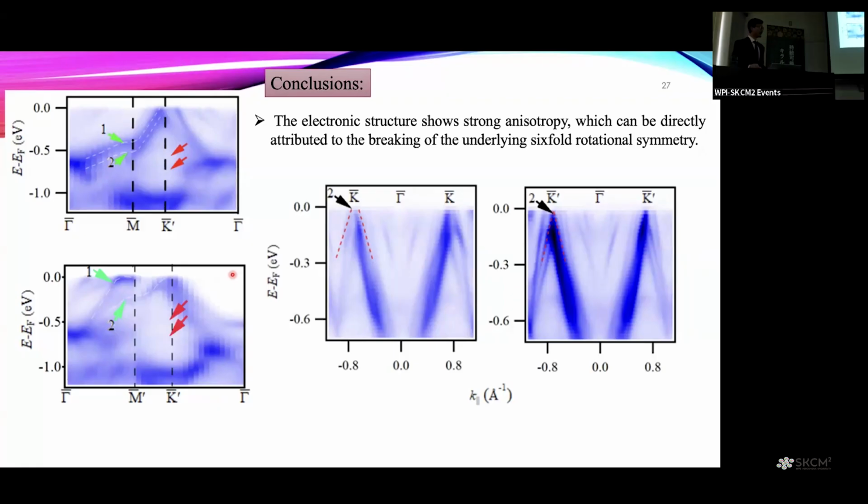Though there is a spaghetti of bands, and it's not like a simple s orbital tight binding model, the major features, the Dirac cones, the van Hove singularities, and the flat bands, mostly come from titanium d orbitals. The other interesting thing is that the anisotropy of the crystal plays a very important role. In all the cases that we discussed, there is an inherent anisotropy in the electronic structure, and it comes from the structure itself, the Kagome lattice structure.